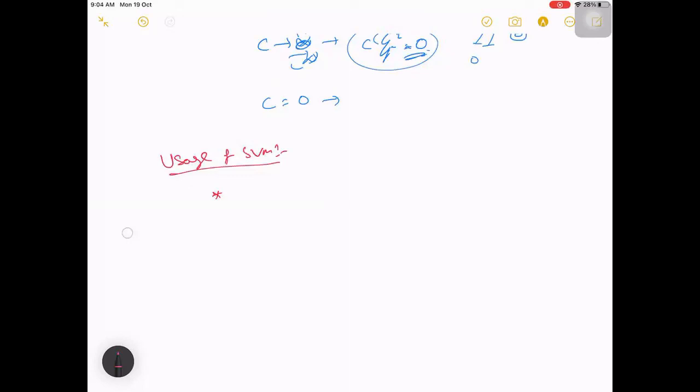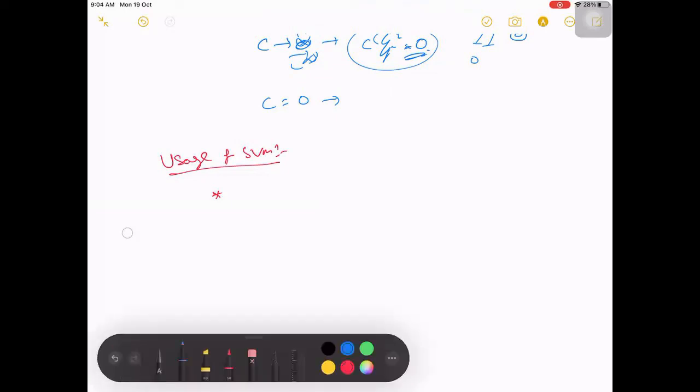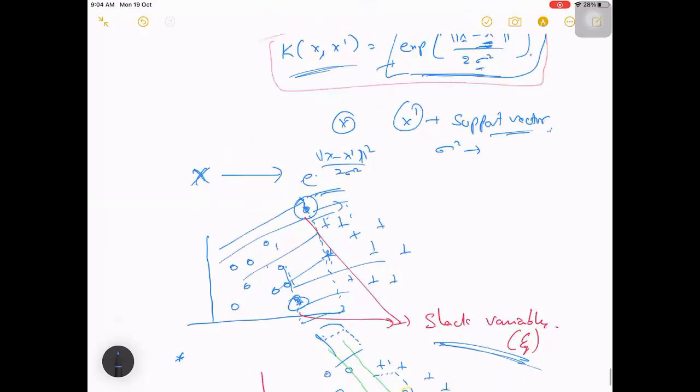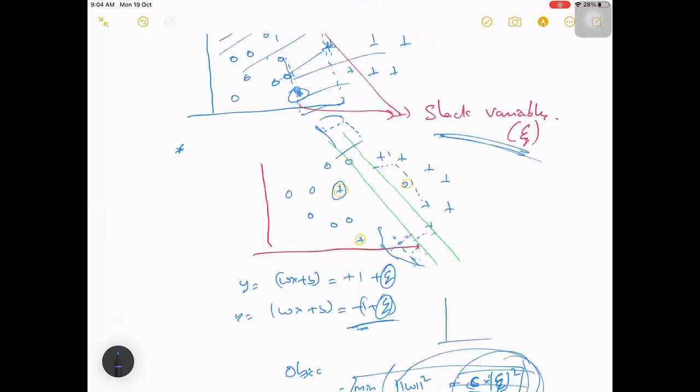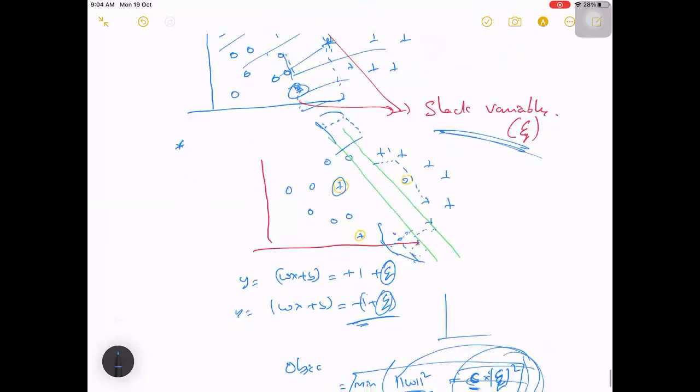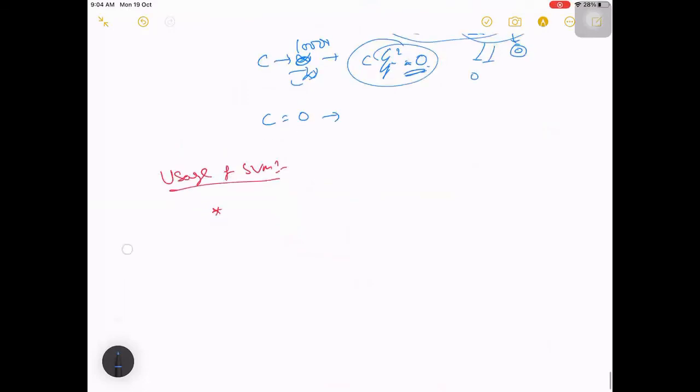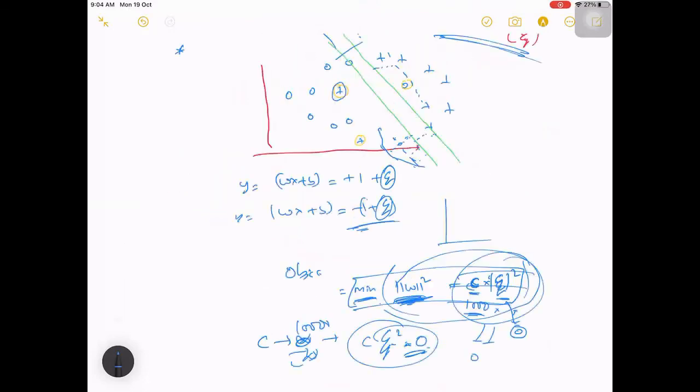So when SVM can be used: you can see from the algorithm of SVM that it depends only on the support vectors. So even if you have so many data points, they are not of much use. What you have is mainly the support vectors.